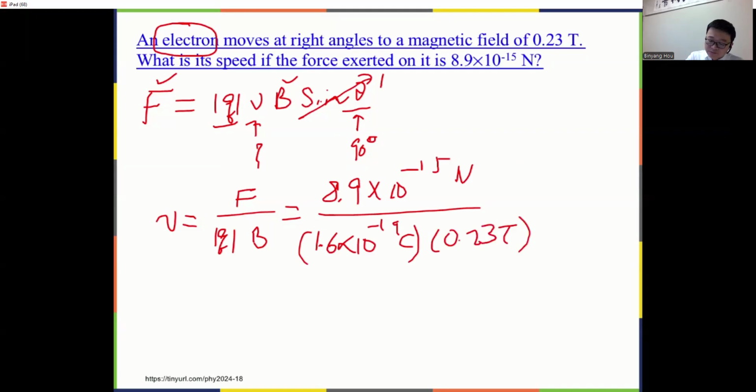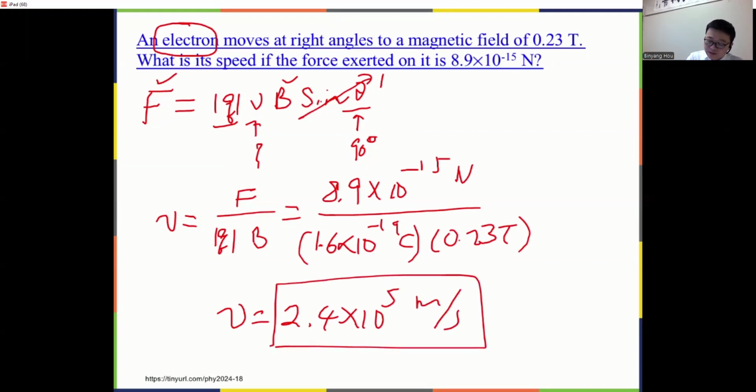V then turns out to be 2.4 times 10 to the fifth meters per second. When you have everything in SI units, your answer should also be in SI units. All right, so that's that one.